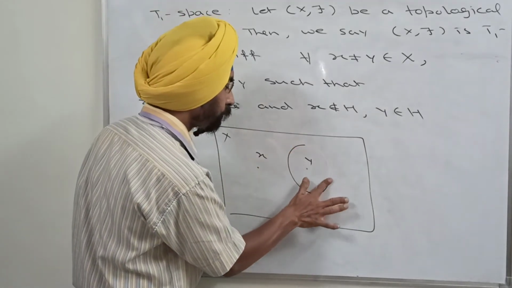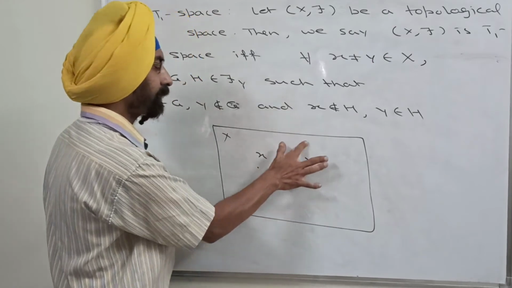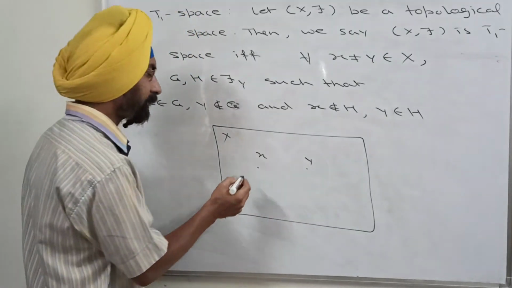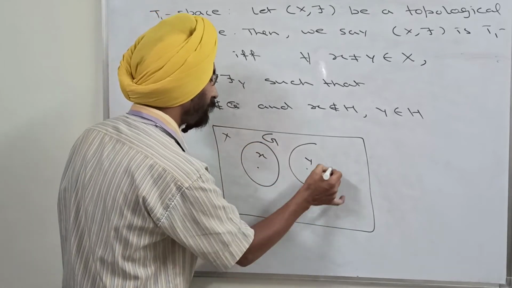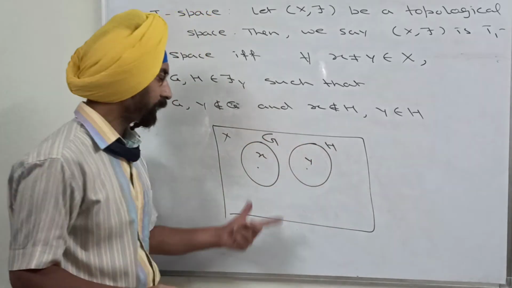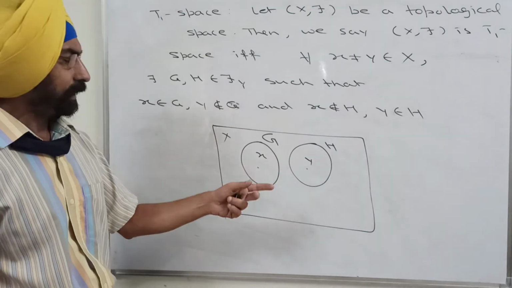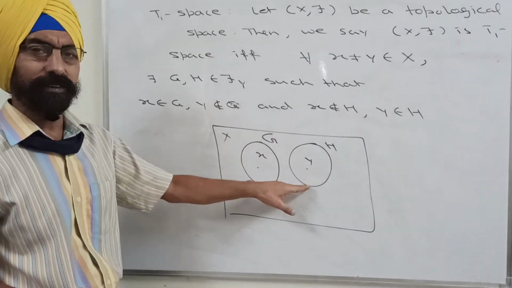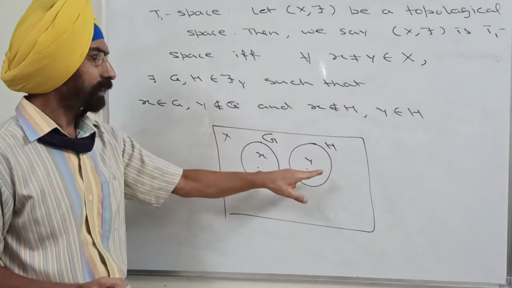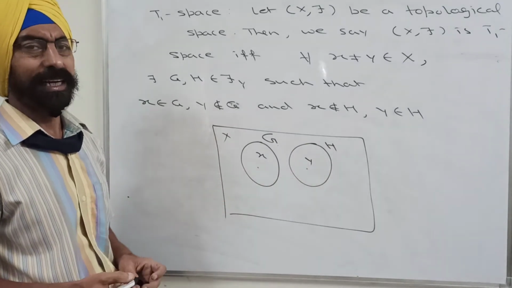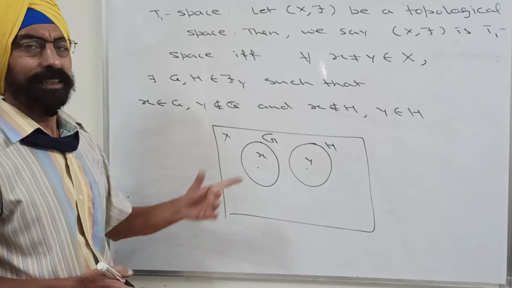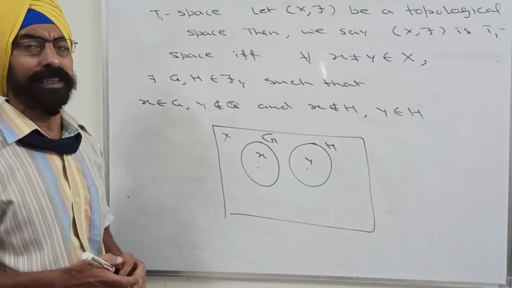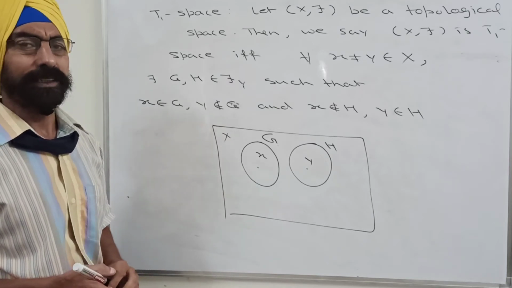But now our need is both. That means we want G as well as H. There is a G containing X, not containing Y. There is an H containing Y, not containing X. If both these open sets G and H exist, then we say that the topological space is a T1 space.